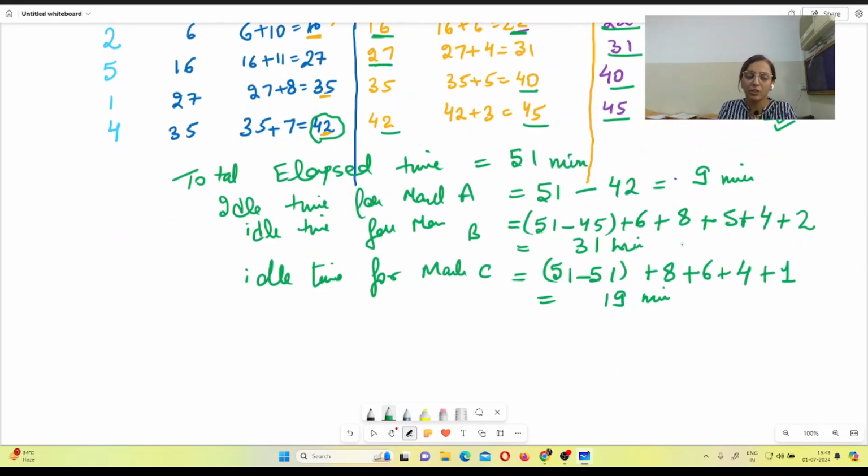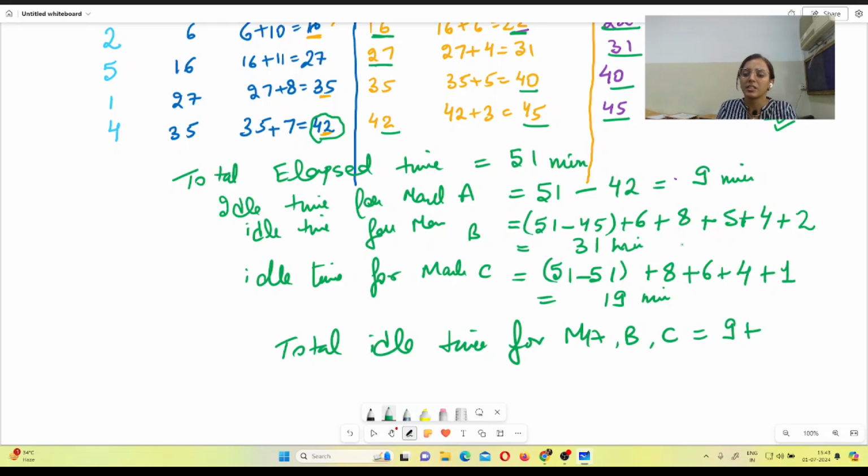Now we have to find the total idle time for all the machines together, for machine A, B, and C. What we do is add all these values, that is 9 plus 31 plus 19.